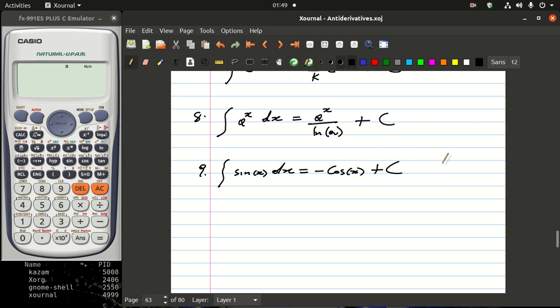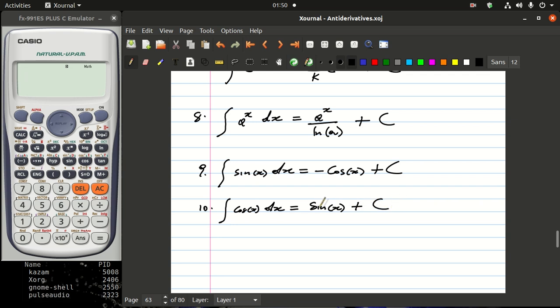constant of integration c. And then the 10th one is saying that the most general antiderivative of cosine of x with respect to x is simply going to be, because what is the function such that when I take its derivative I get a cosine, I know that is supposed to be just a sine of x plus the constant of integration.